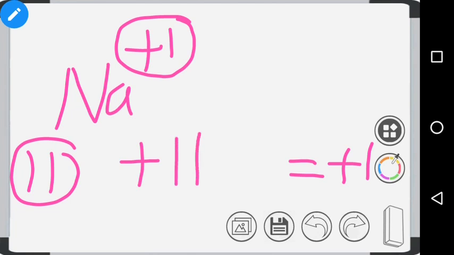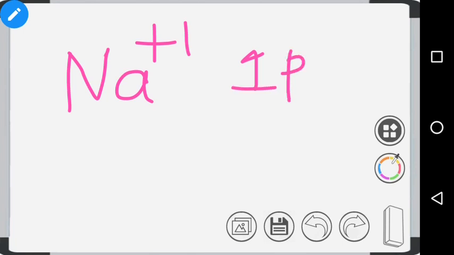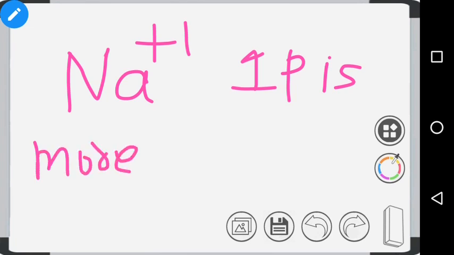So how will we get +1? We have to subtract 10 only. +11 -10 will give +1. That means in Na+1, simply +1 means one proton is more than the electrons.